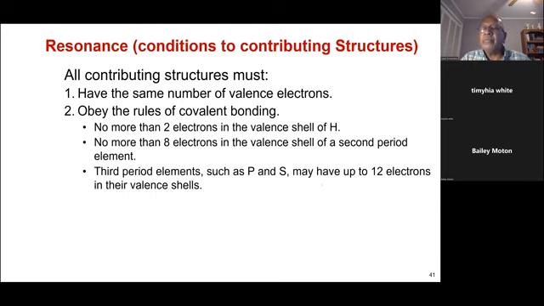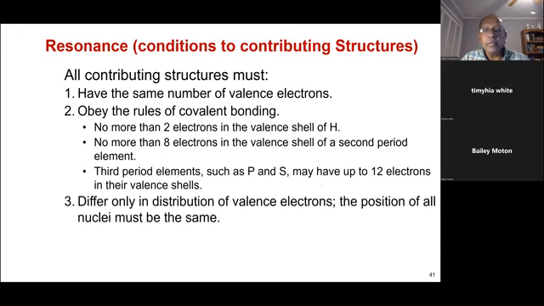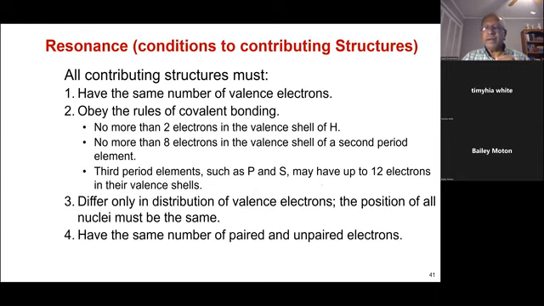Third period elements can have more than 8, 10 or 12, because of the 3d orbitals. They differ only in the distribution of valence electrons. The position of all nuclei must be the same. You don't change that. So this is how we describe the Lewis structures of certain double bonded compounds. They have the same number of paired and unpaired electrons.